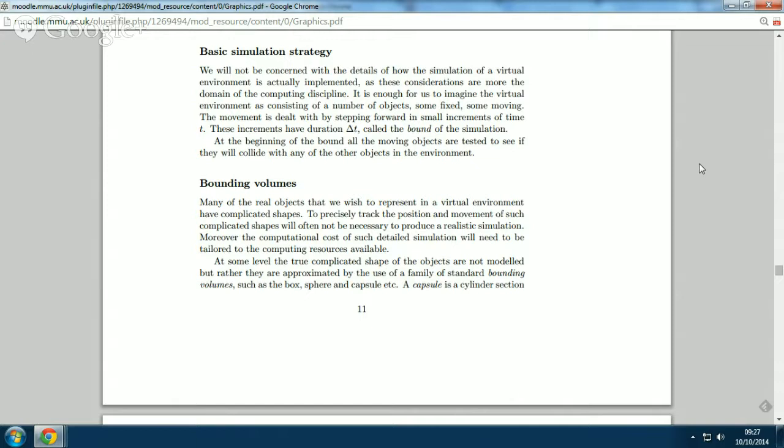So there's some small amount of time, delta t, which is called the bound of the simulation. So this might be some small fraction of a second, or maybe 1/5 of a second or 1/10 of a second. Obviously, it gets shorter and shorter. It makes the simulation more realistic.